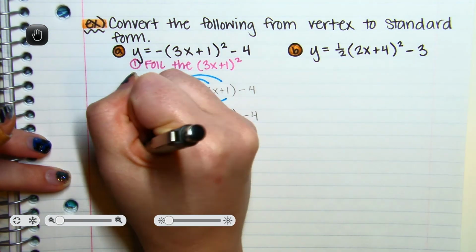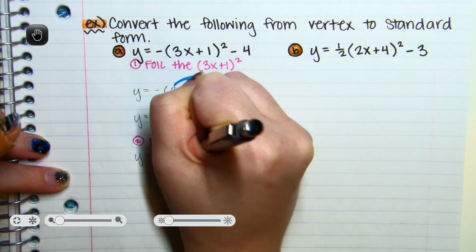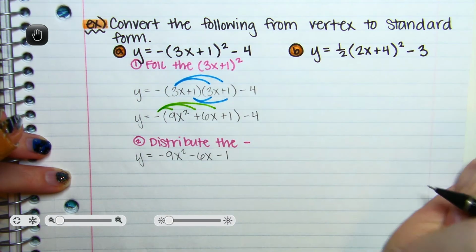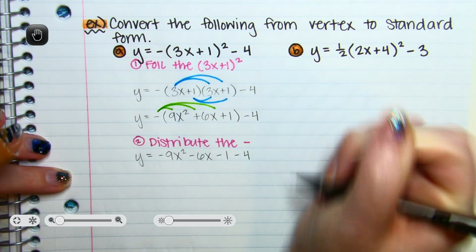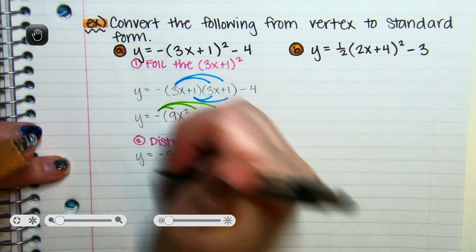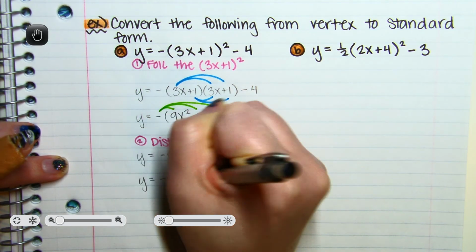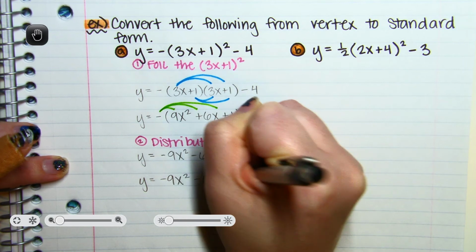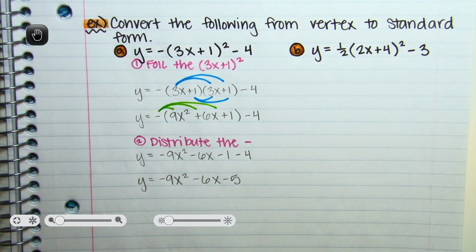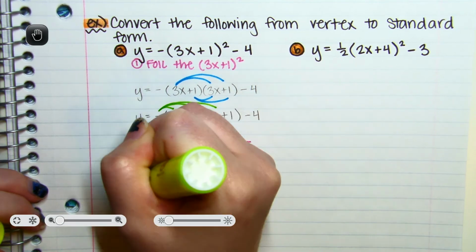So I'm going to end up with y equals negative 9x squared minus 6x minus 1. And then I still have that minus 4 hanging out at the end. And now we just simplify. So my answer is y equals negative 9x squared minus 6x minus 5. And there we go.